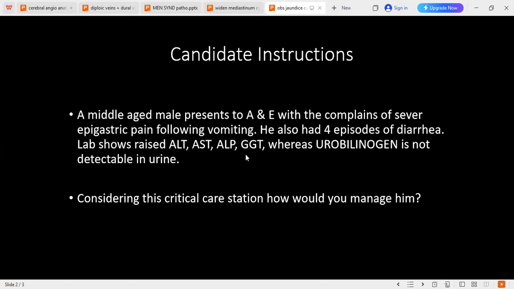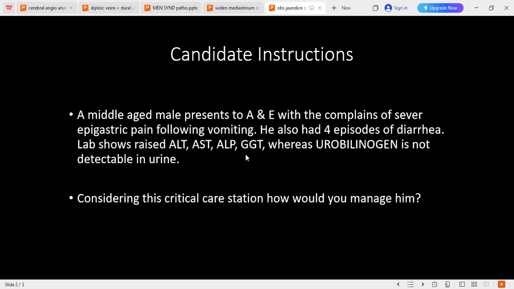Gamma glutamyl transferase is more specific for the biliary obstructions, because ALP is also raised in case of bone tumors as well as in pregnancy, since it is found in bone and placenta.